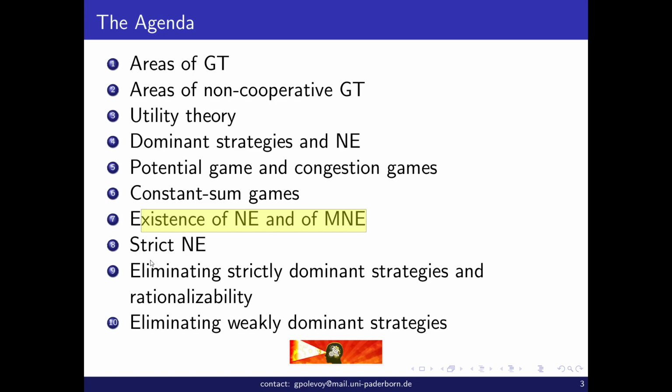And we're going to talk about a very interesting variation of Nash equilibria, which is called strict Nash equilibria. And then we're going to talk about dominant strategies which are always the best. It can be strictly or weakly dominant. And then the process called iterated elimination of strictly dominated strategies, where at any time you remove any number, not necessarily all, but any number of the currently strictly dominated strategies.